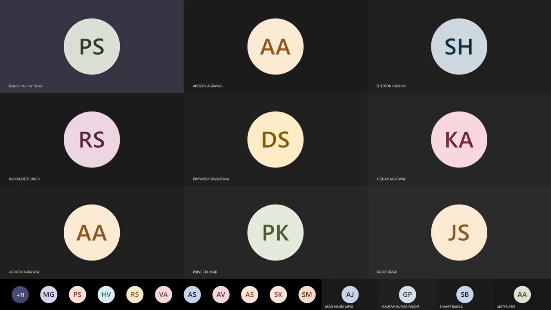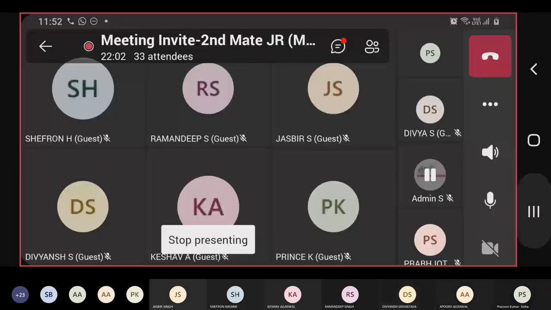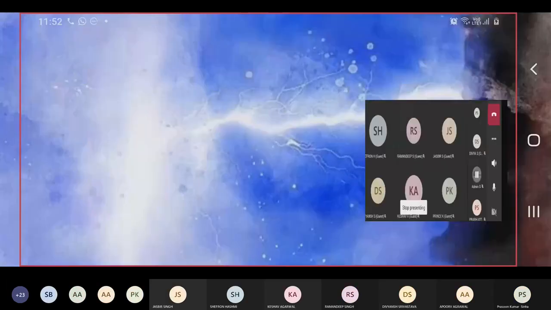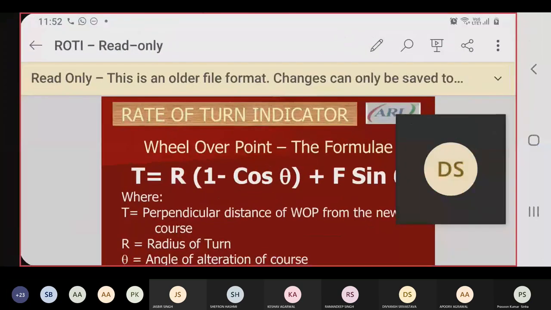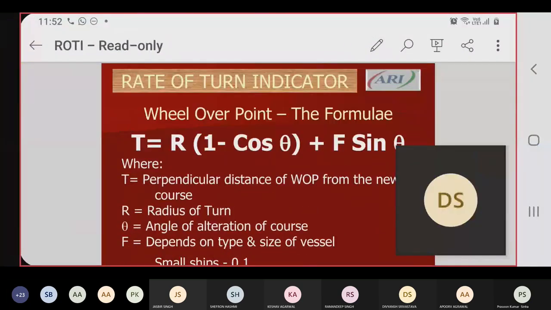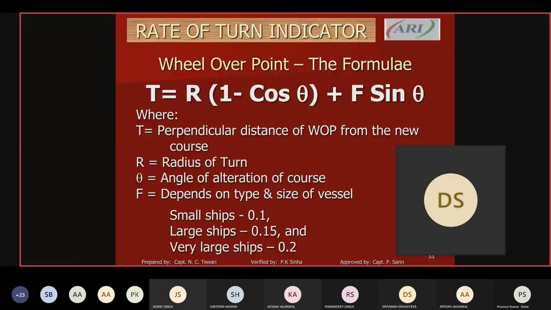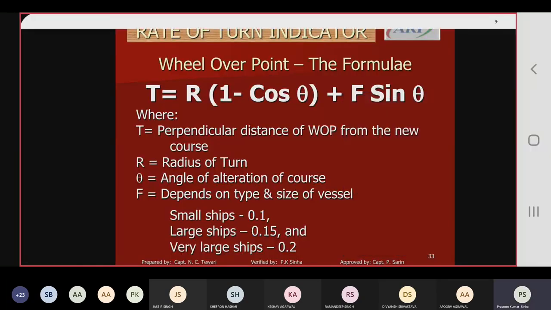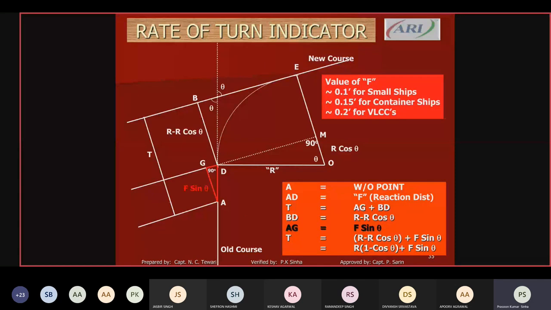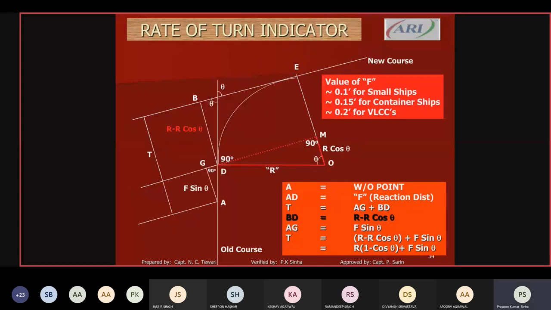Okay, let us go to the slide. We will take a look at this once again. All right, so this we have seen, we have done.